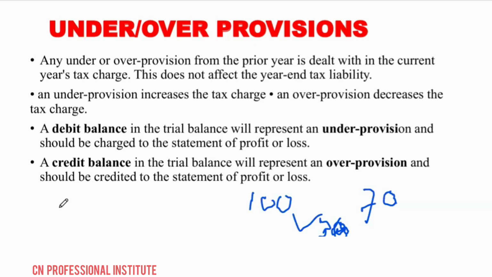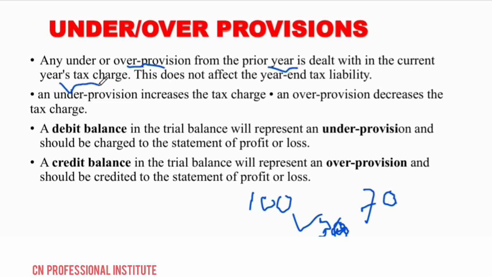So with over provision, when it comes to the current year, you have to come and less it because it has to reduce your income tax expense. Because in the previous year you have overestimated the tax expense, right? So it says under or over provisions from the prior periods is dealt with in the current year's tax charge.